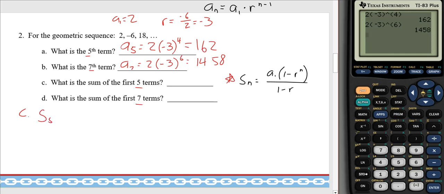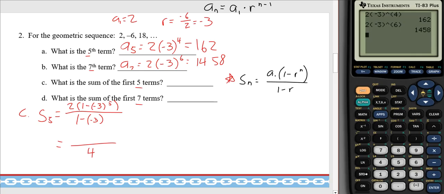So our sum of our first 5 terms is going to be equal to our first term of 2 times 1 minus r, which is negative 3, to the n power, and then all over 1 minus r. Okay, so this is going to become a denominator of 4.